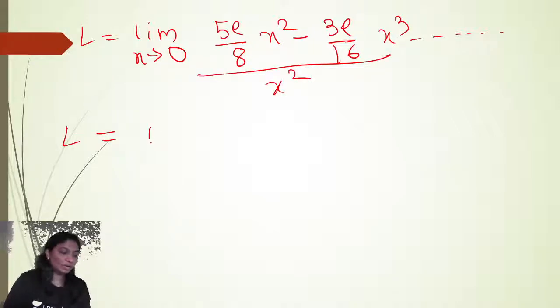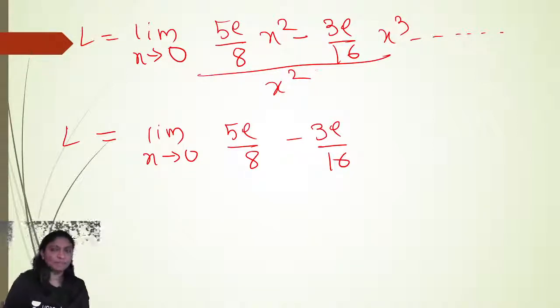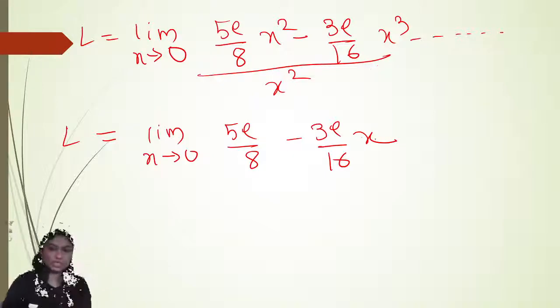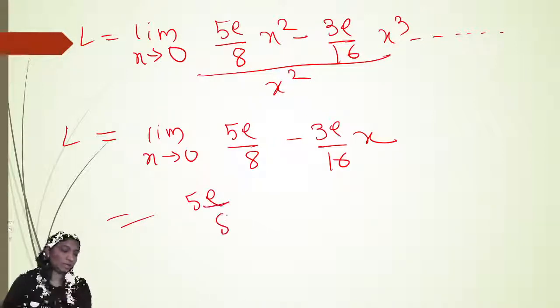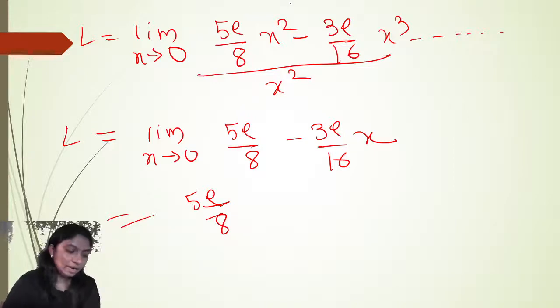So L is equal to limit as x tends to 0 of 5e by 8 minus 3e by 16 into x, dividing by x square. You will get terms containing x, so ultimately the limit as x tends to 0 is 5e by 8. Okay, I hope you are clear on this limiting function and limiting values.